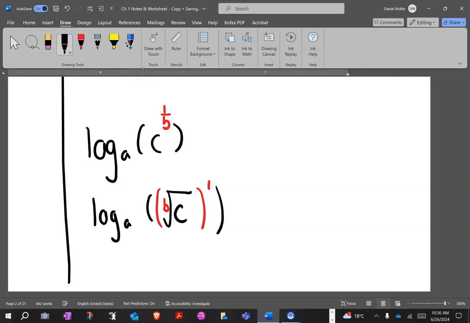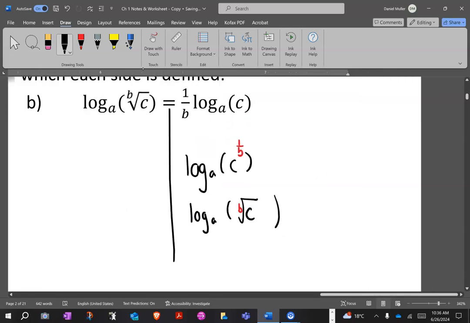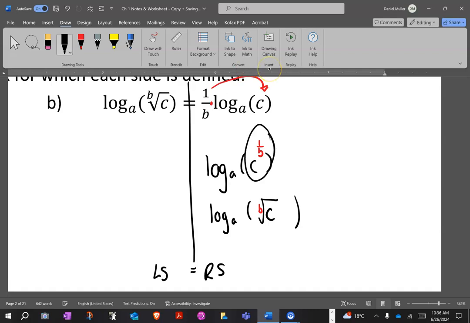The thing is, we don't need the power of 1, so it's just going to end up being the b. So I think that's actually it. Yeah, log base a, the bth root of c. So the left side equals the right side. So what was the rule there? Well, there was this rule that said a number that's being multiplied can be brought up and can become the exponent, and then we can rewrite it into radical form.